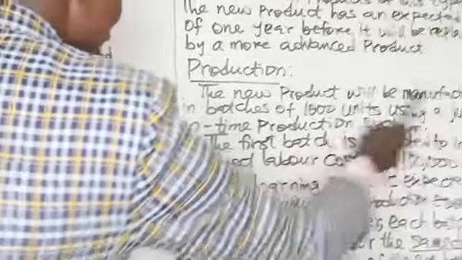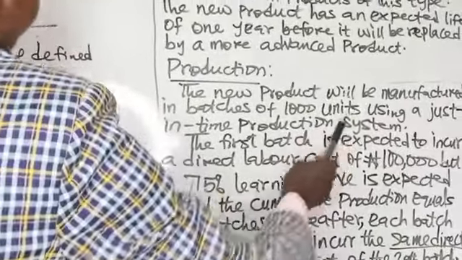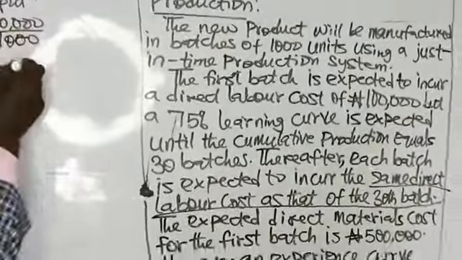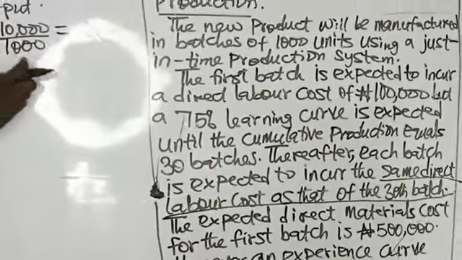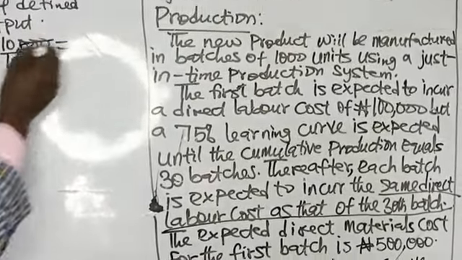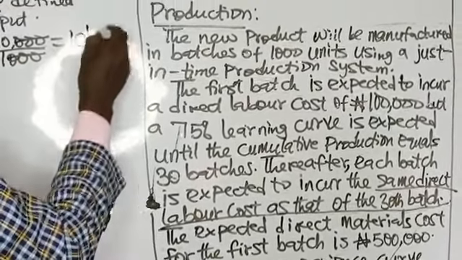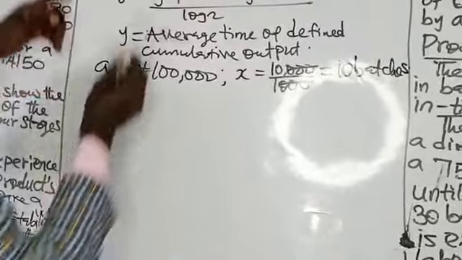You were told the new product will be manufactured in batches of 1,000 units. So to achieve 10,000 units of output, you'll have 10 batches.